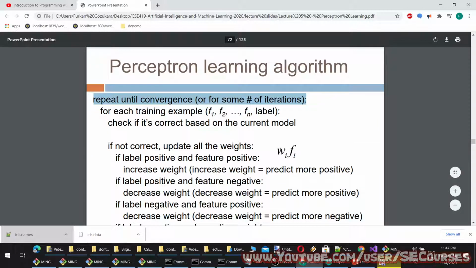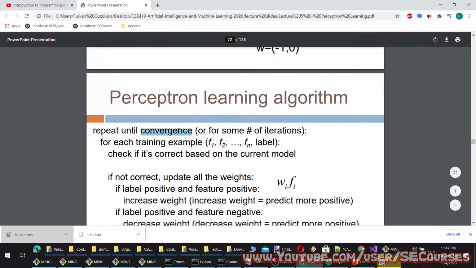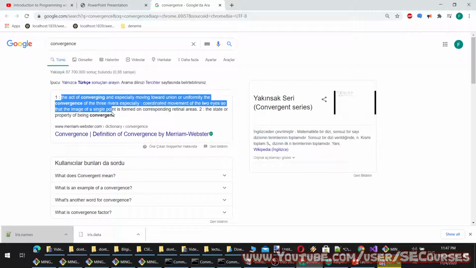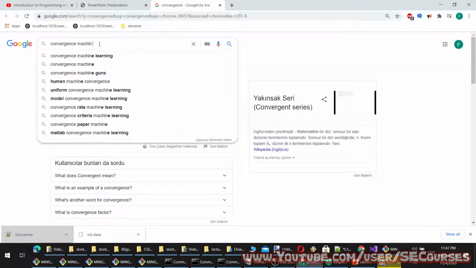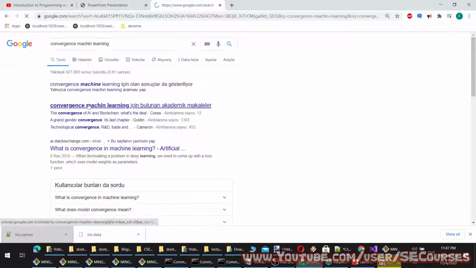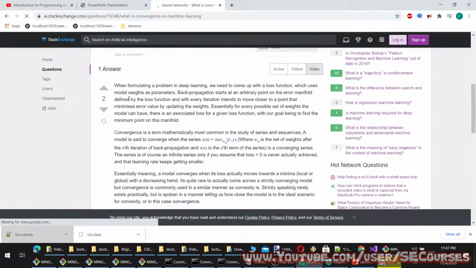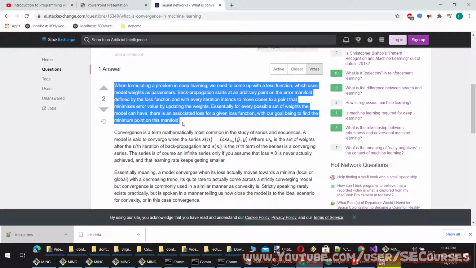Repeat until convergence, or for some number of iterations. So what is convergence, if you wonder? When formulating a problem in deep learning, we need to come up with a loss function, which uses model weights as parameters.